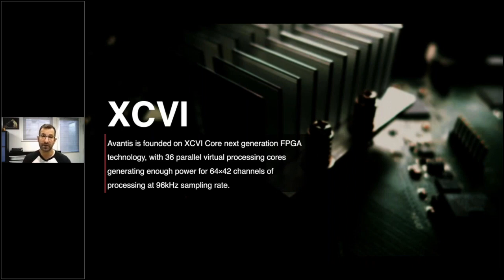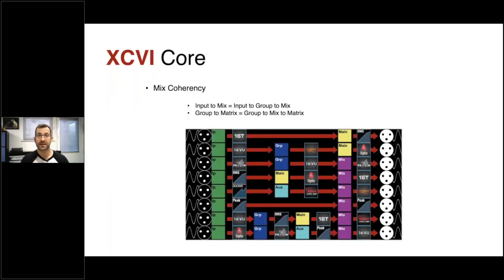One of the other main benefits is what we call mixed coherency. So again, very briefly, mixed coherency means that I can take an input like physical XLR input to a physical XLR output, or I can take an input, run it through the most complex processing path in the console, through an input processing, then to a group, do some processing on that group, send that to a matrix, do some processing on that matrix, and then send that to a physical XLR output.